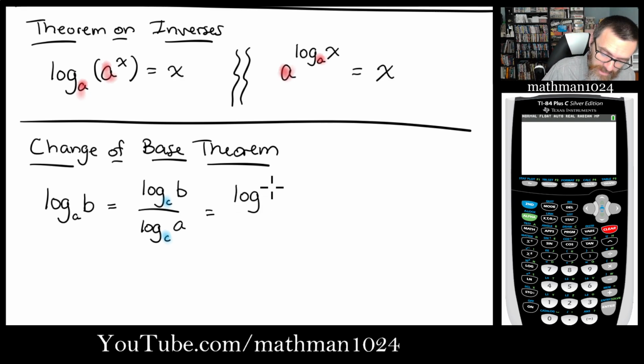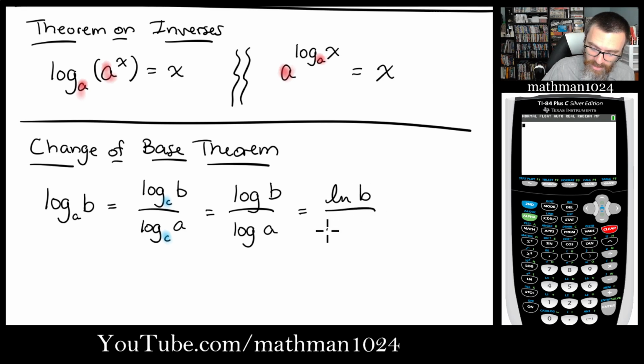So we would do something like this. Say common log of B over common log of A. Or you could do natural log of B over natural log of A. And you'll find that whether you use common log or natural log, when you're doing this change of base theorem, you're going to get the same result.